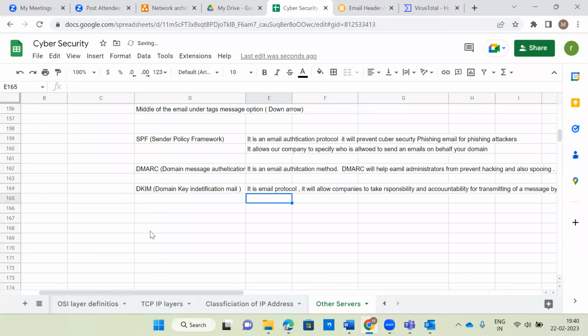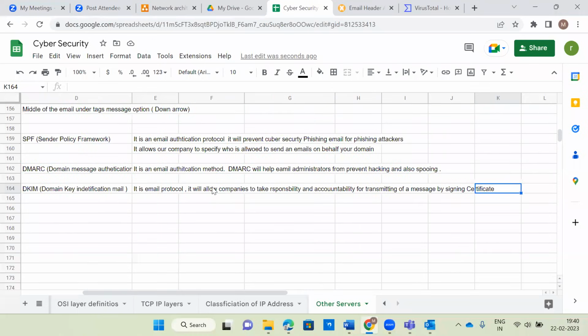So here it will use public keys and private keys. Whenever any email comes, it will use a certificate, and that certificate will exchange public and private keys. It is cryptography.